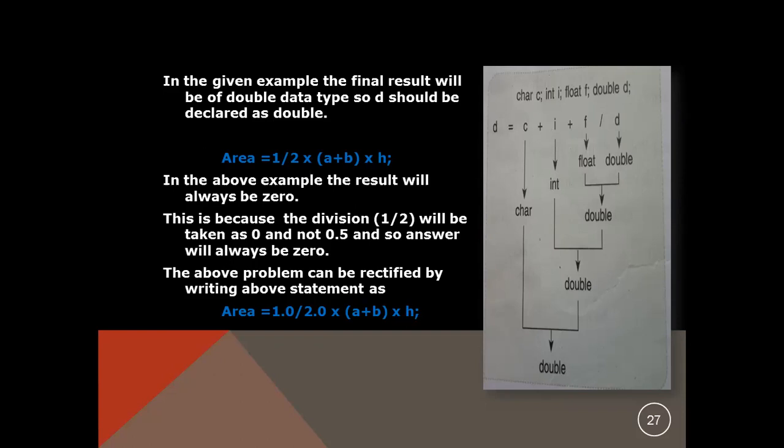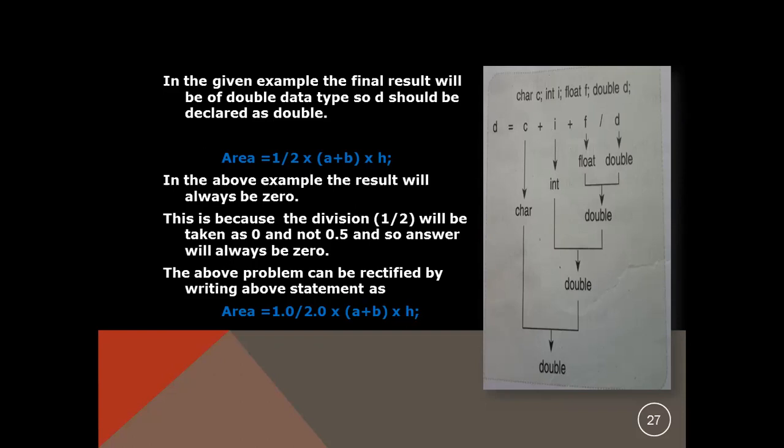When I say 1 divided by 2, both 1 and 2 are of integer type, and so in the answer only 0 will be taken. Half means 0.5, but when we are writing 1 divided by 2, automatically Java will take only 0 as the answer. So even if you write the logic correctly, the answer will always be 0, because multiplying any value with 0 will always result in 0.